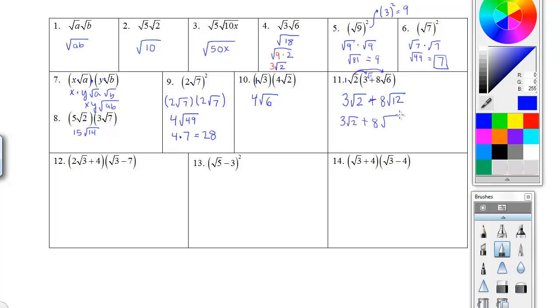So the 12 can be rewritten as 4 times 3, and then the 4 can come out. And when you take the 4 out, it changes to a 2. And you get the square root of 3. So it's 3 square root of 2 plus 16 square root of 3.